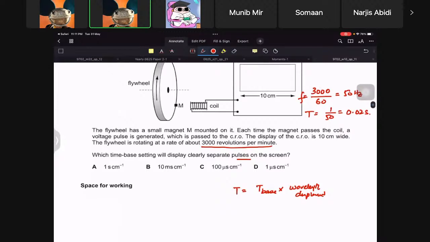So first of all, I will check this. If I divide 0.02 with 1, I will get 0.02 centimeter. Now 0.02 centimeter means that the wave will be like this. So it won't be very clear, right? So this can't be the answer because it will be too small to view.